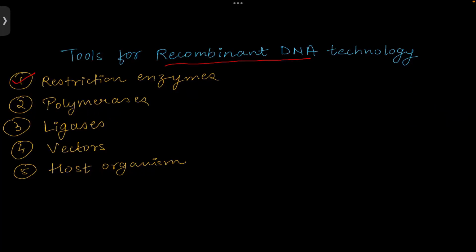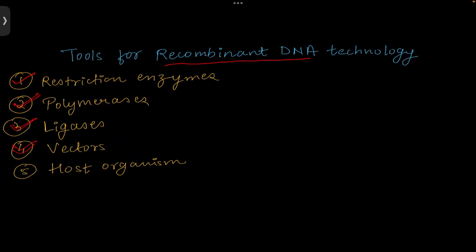Then you need the polymerases, or DNA polymerases, for cloning your gene of interest inside the host organism. Then you also need the DNA ligases, which will help you ligate your foreign piece of DNA with the vector DNA. Then you will need vectors, the delivery guys who will help you deliver your gene of interest into your host organism.